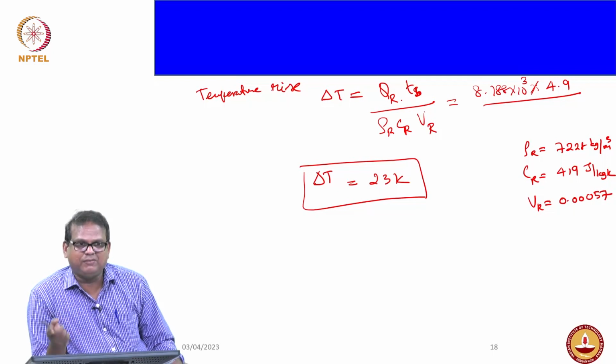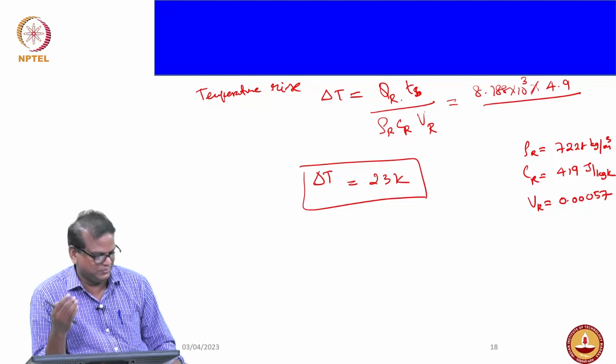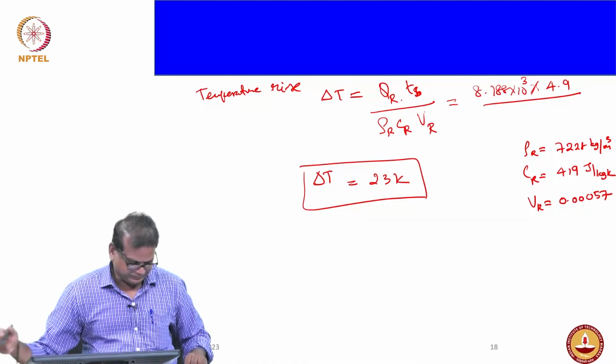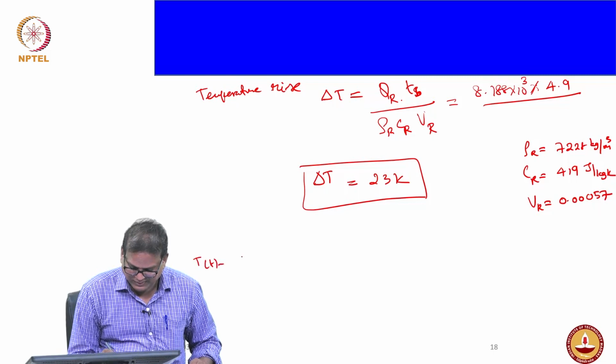temperature rise after the 5th, 10th and 200th cycles. That's what we are going to do. So that means we have to choose the equation T of T after N cycles.